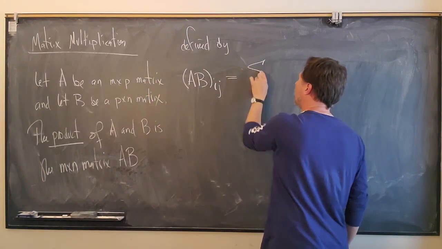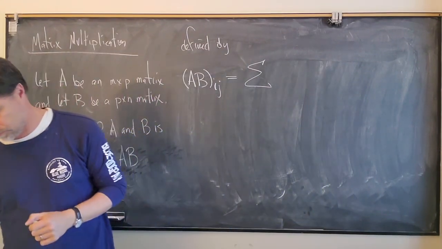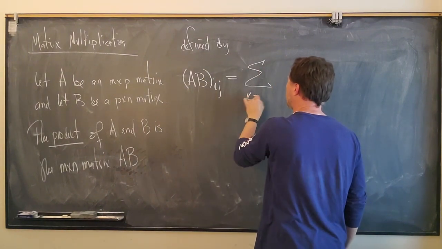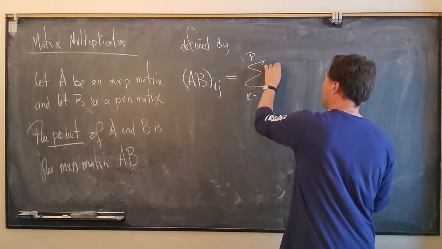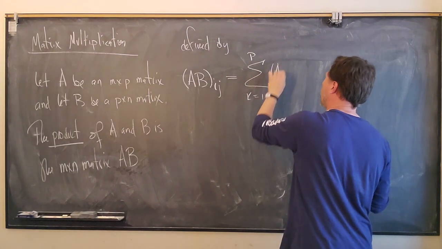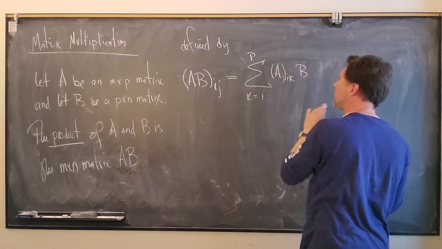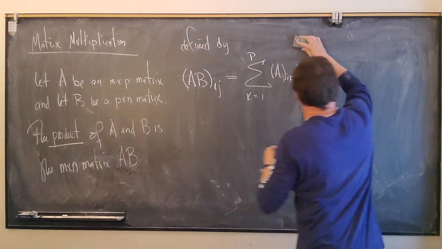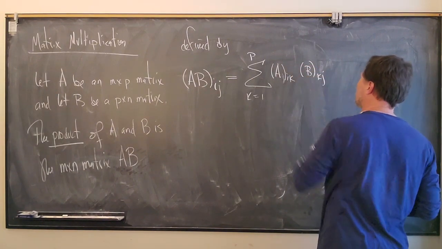And the formula is, it's not what you expect. All right, so I want to write this down. This will be the sum, k equals 1 to P, of A sub ik times B sub kj.